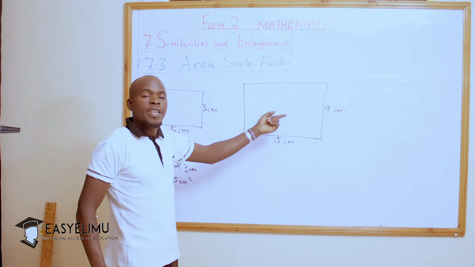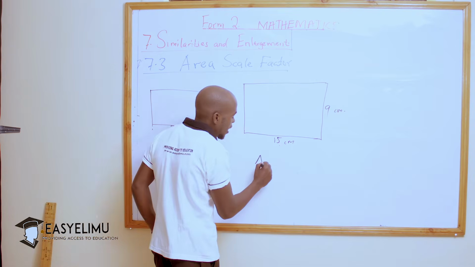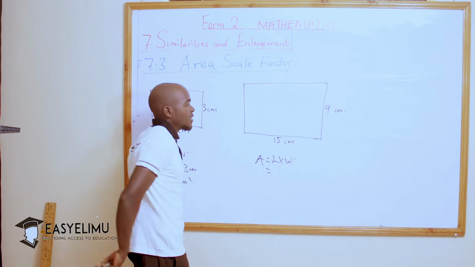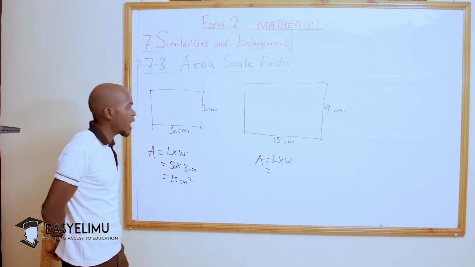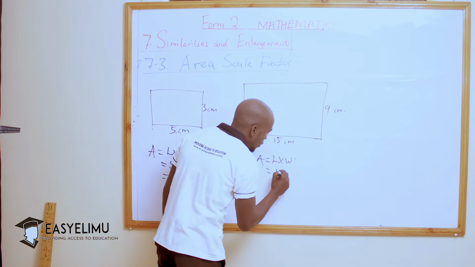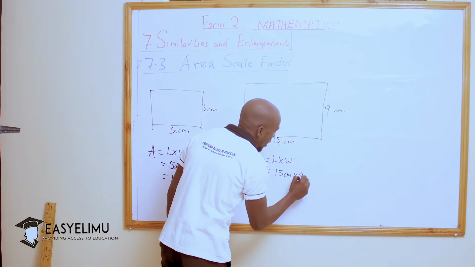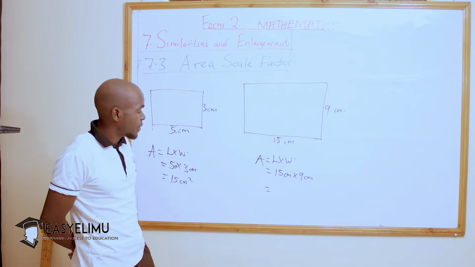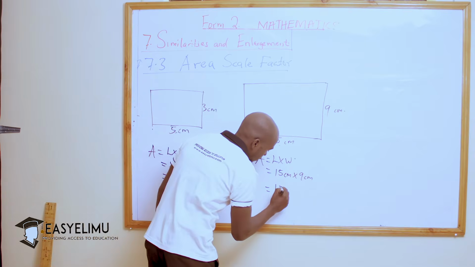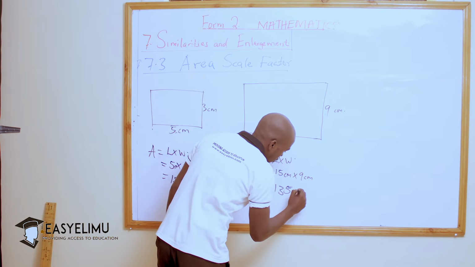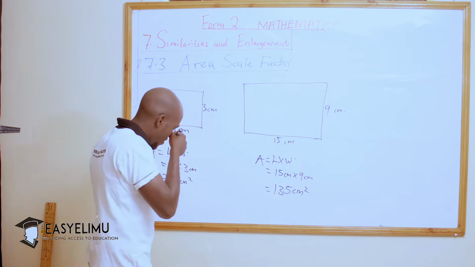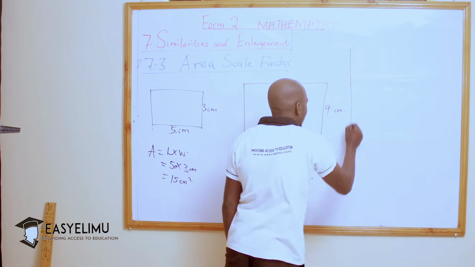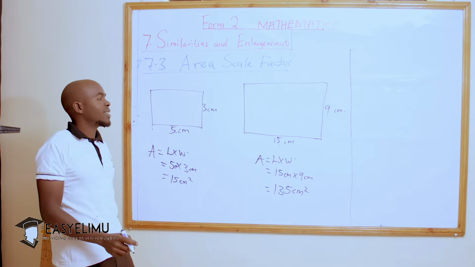Area will always have the same formula, length times width, so for the larger one we have 15 centimeter multiplied by 9 centimeter, and you will get 135 square centimeter.